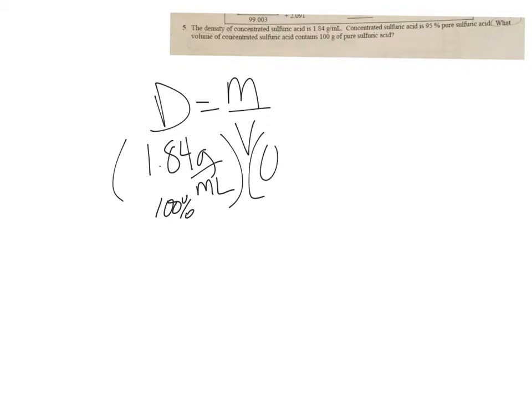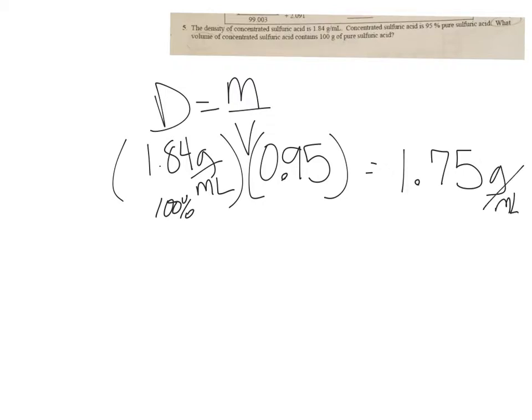So what we're going to do is multiply it by 0.95, and you're going to get something around 1.75. I don't have a calculator on me right this second. Grams.